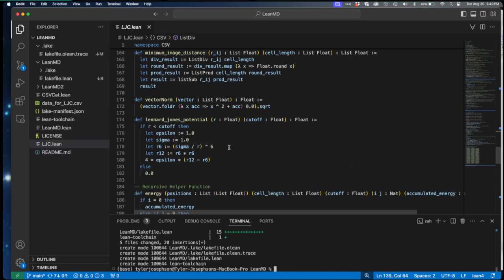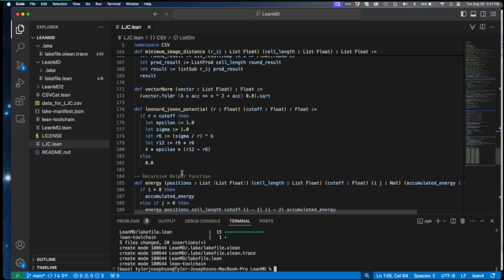Here we are just following what we need for NIST, where we set epsilon and sigma equal to 1. But this function, in the more general case, would take the epsilon and the sigma as arguments. And if the distance is smaller than some cutoff radius, then we do this calculation. Otherwise, we return 0. So for all particles that are outside of this cutoff radius, we get a 0 interaction.